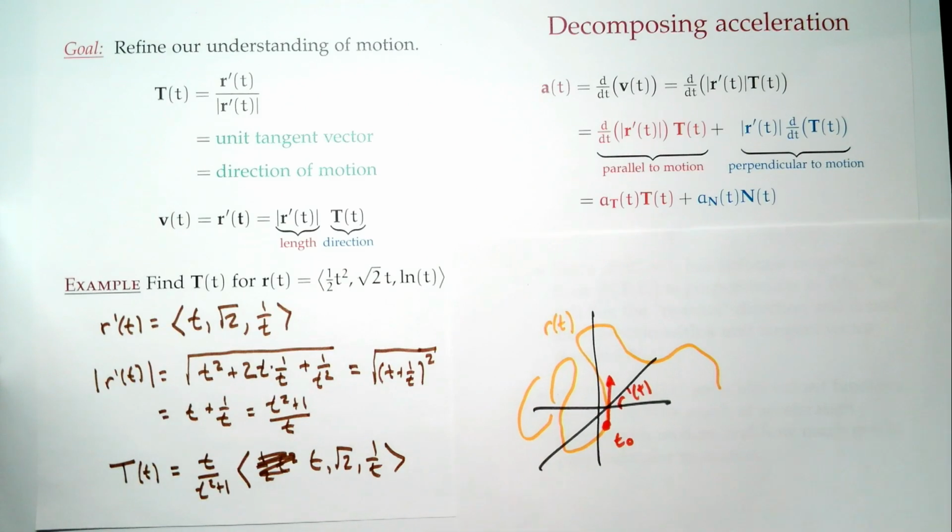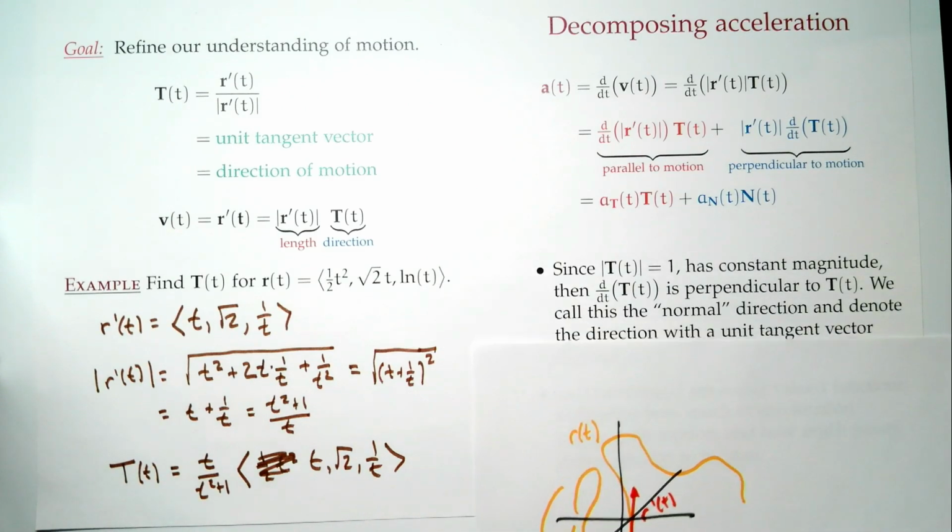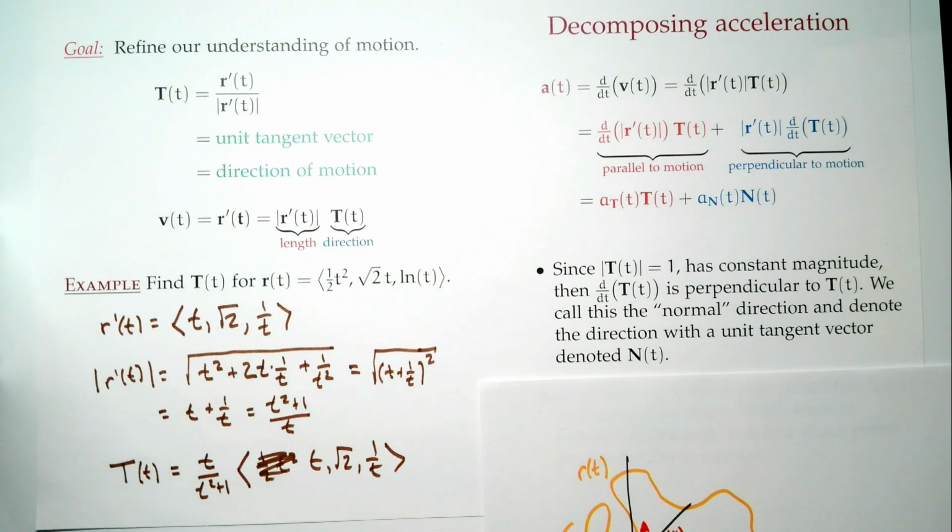Now I have two notes here. Let's talk about the first one, which is to justify this claim, perpendicular to motion. You might recall in a recent class, we said here's an interesting fact: if I have something which has constant magnitude and I take the derivative, that's perpendicular to what I started with.